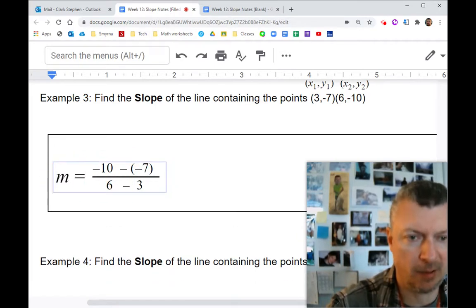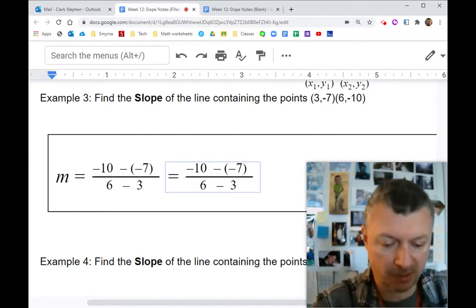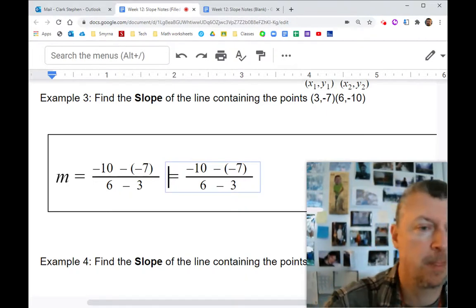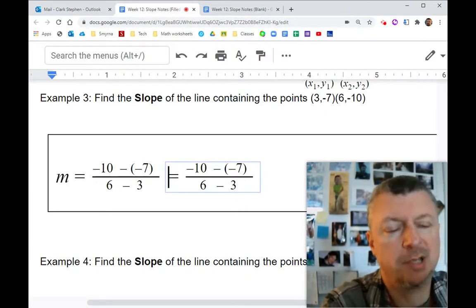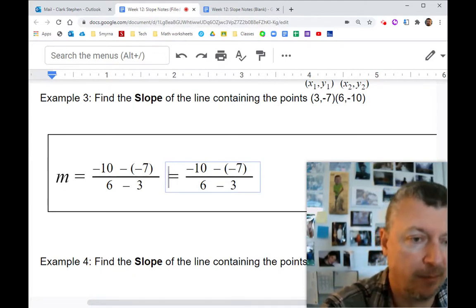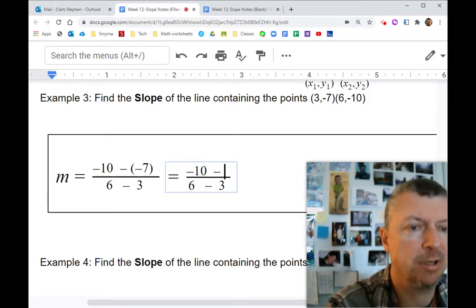Now we just do a little copy and paste here. If you want to copy and paste, you can press Control-C to copy, Control-V to paste. All right, so negative 10 minus negative 7, minus negative turns to plus. So that's negative 10 plus 7, which brings you to negative 3.